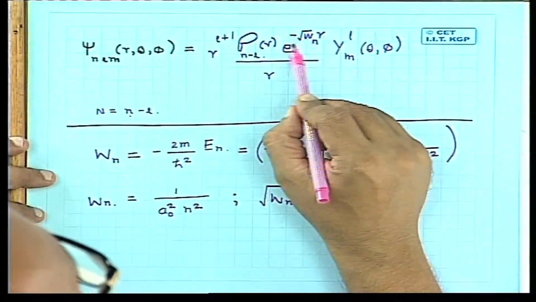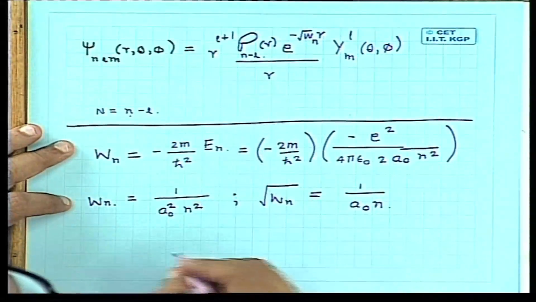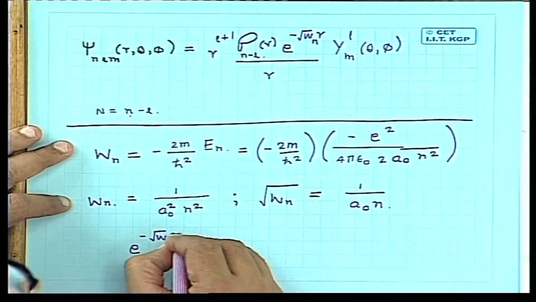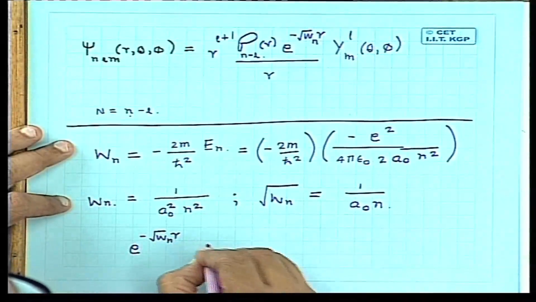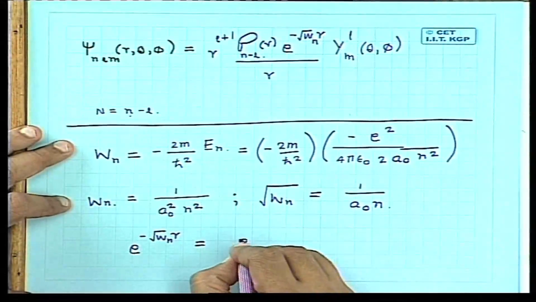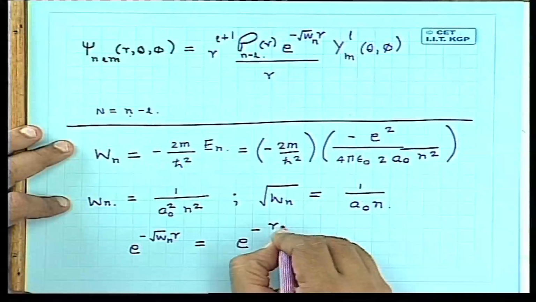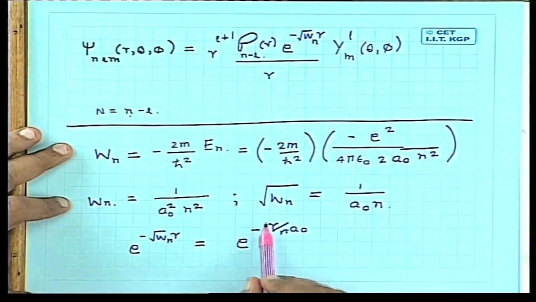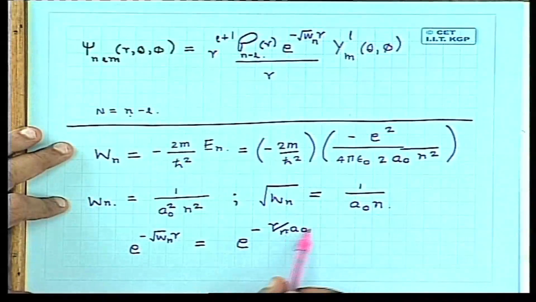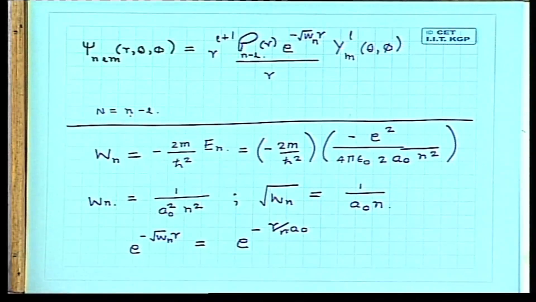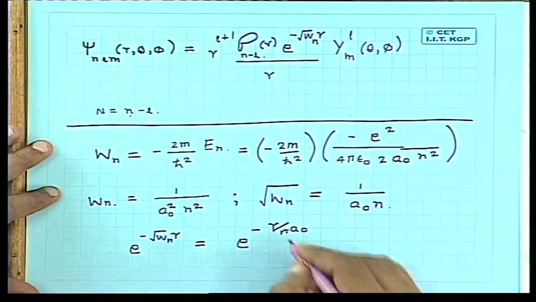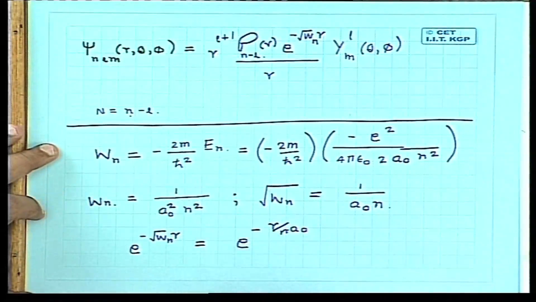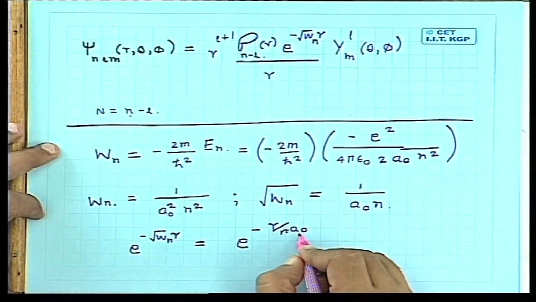So we get the exponential e to the power minus square root of W_n r, which is equal to e to the power minus r by n a naught. So the length scale for this exponential is n into a naught. So for the nth excited state, the length scale gets larger and larger. The exponential falls off slower and slower. The exponential falls off fastest for the ground state.